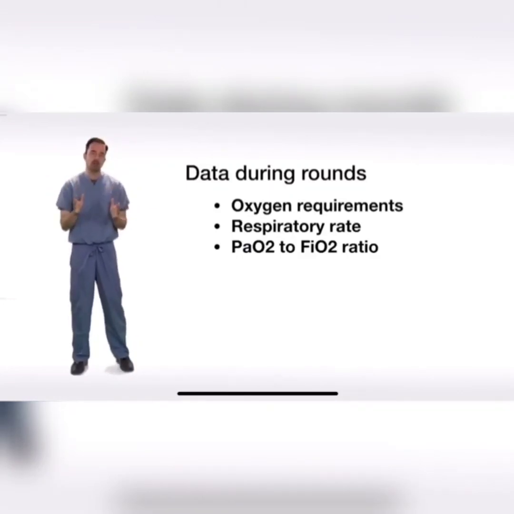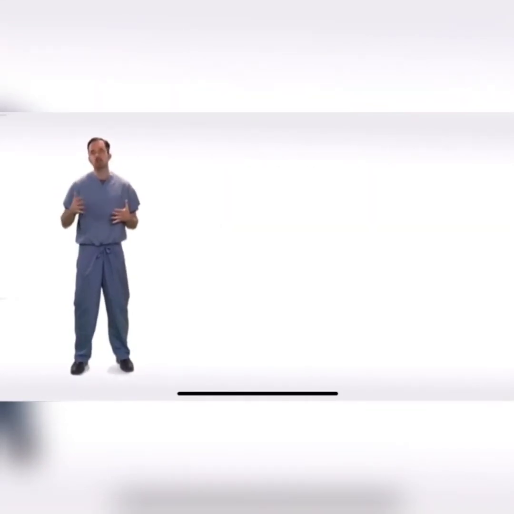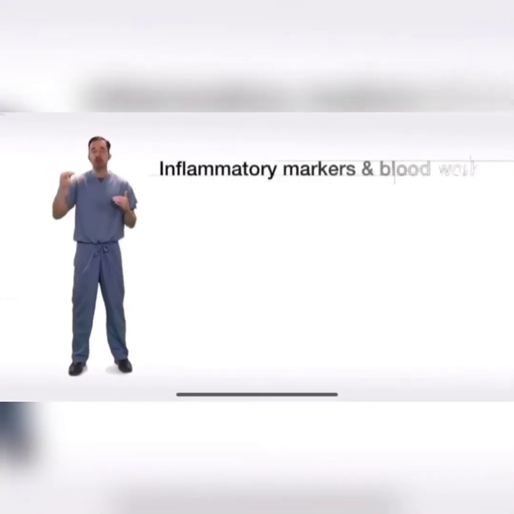After I've looked at their oxygen, I want to get a better idea of their systemic inflammation. We know as COVID-19 gets worse, inflammatory markers go up. And studying that elevation in inflammatory markers may portend a worse prognosis.